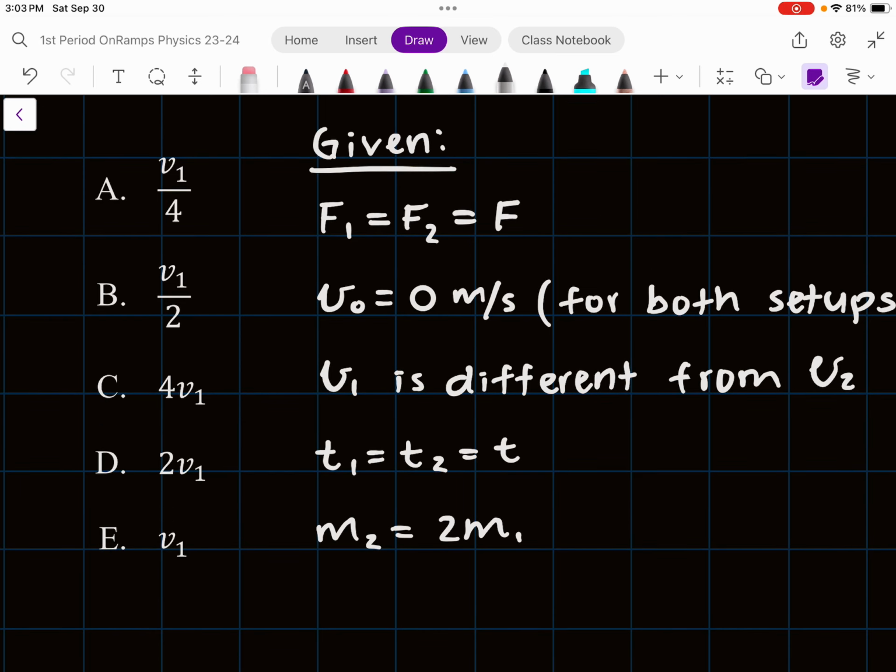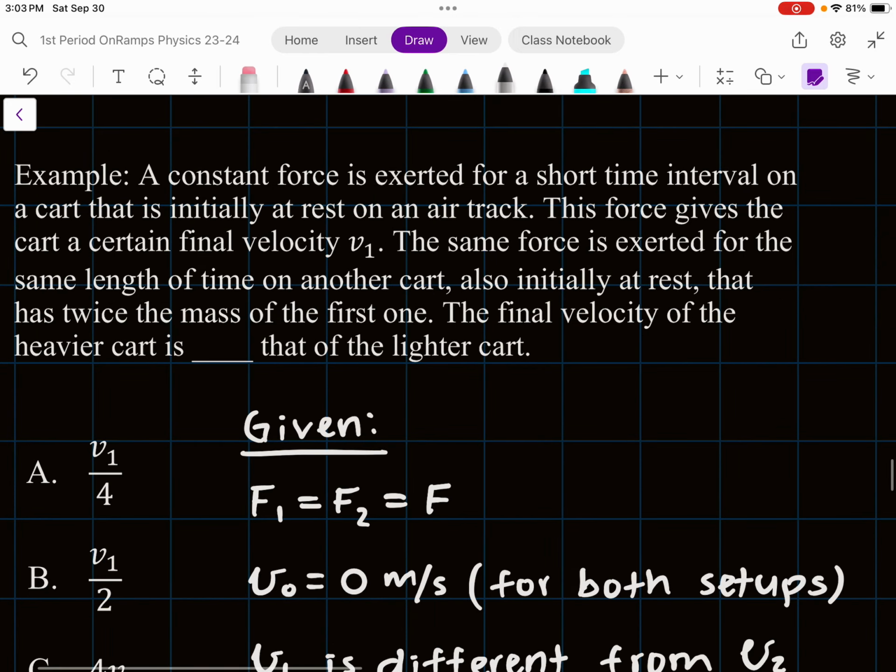Before we solve it, I want you to think of it using common sense. Ignore the fact that it's on an air track. Air track means, think of air hockey, so friction is minimized. I want you to think of, what if you were pushing a cart with a lot of people in it?